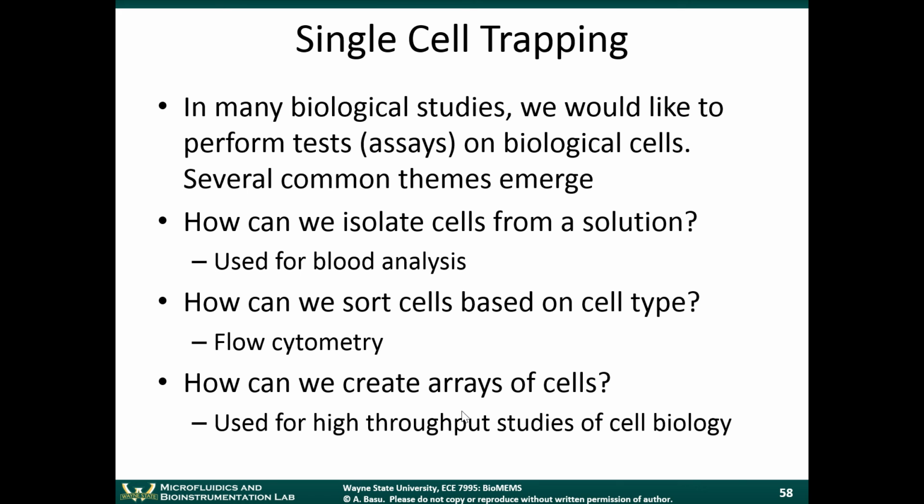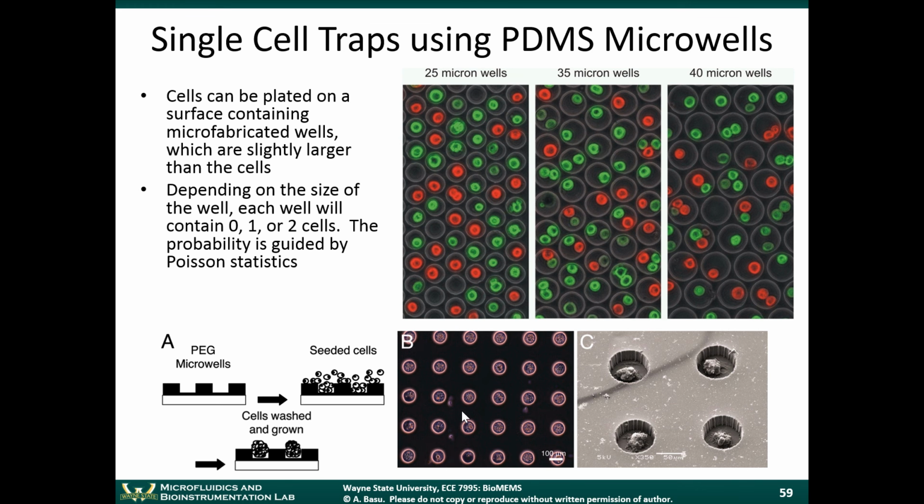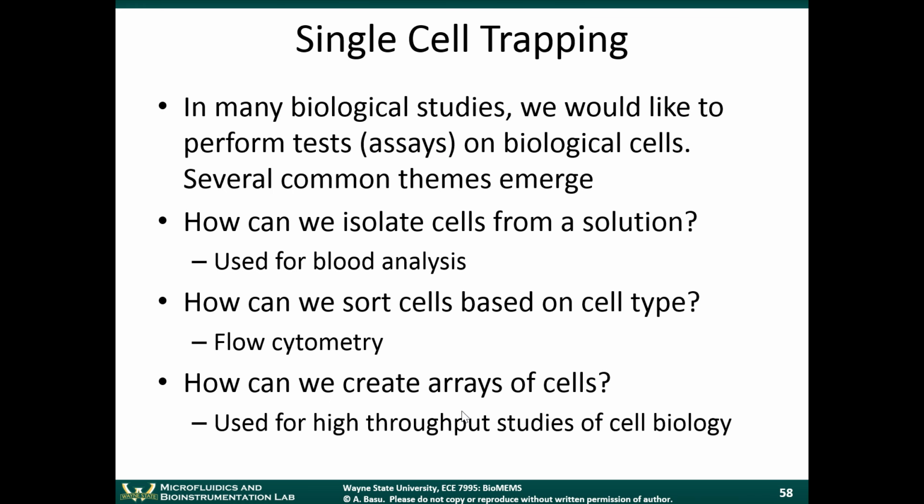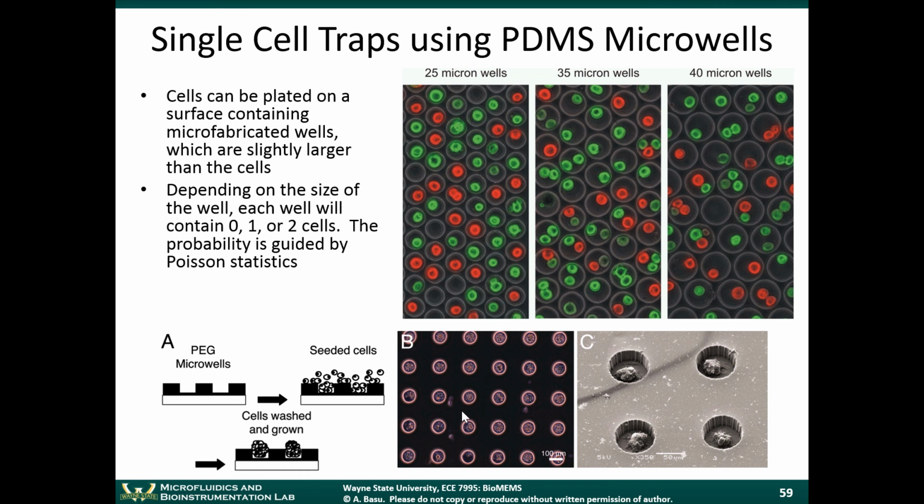So there's a bunch of different examples of single cell traps that I would like to go over, but I just realized that we have 10 minutes left in class, and I wanted to do the course evaluations today because I don't think that we'll have time for that.